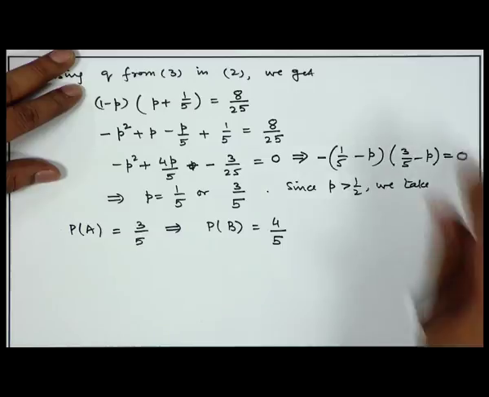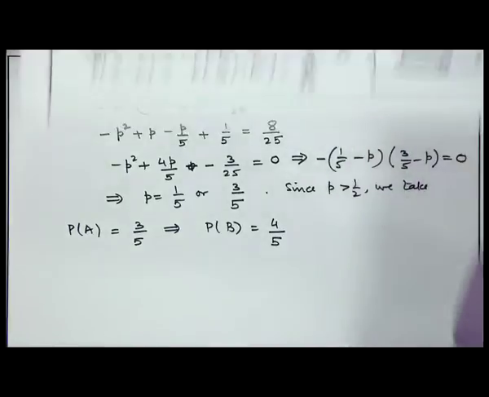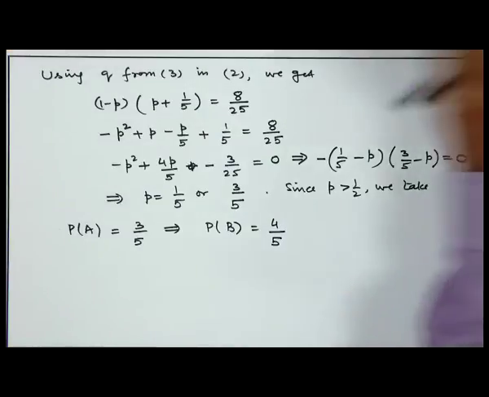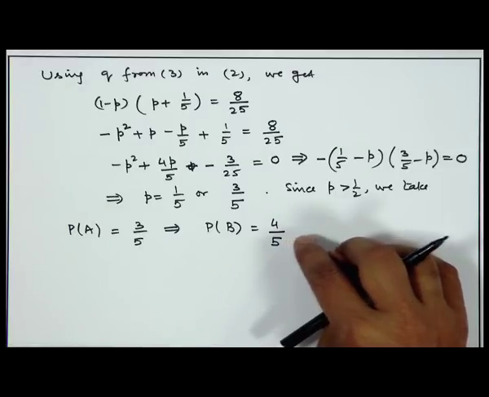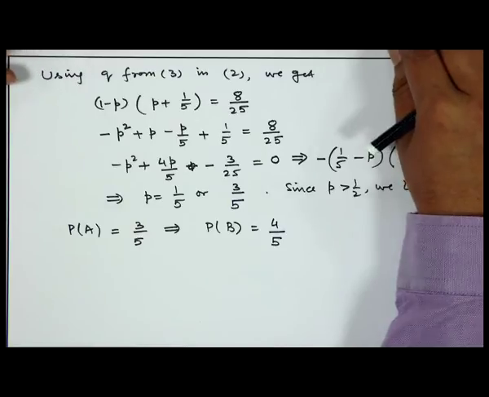So, this was our original intention to evaluate the probability of B. So, the probability of B we are getting to be 4 by 5 here. Now, you can see in this particular problem, we have used the concept of independence and then the idea of complementation is used, and then it is something simple.